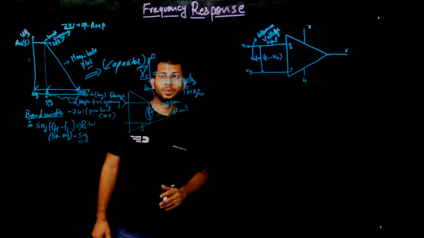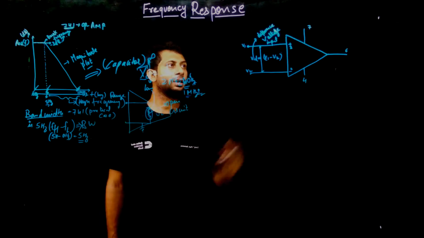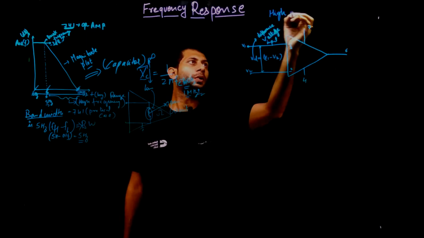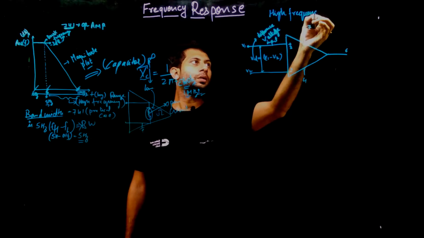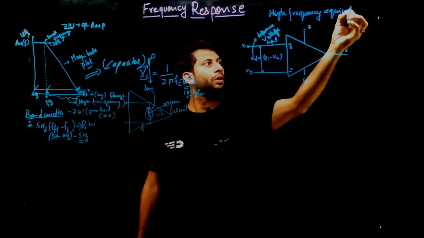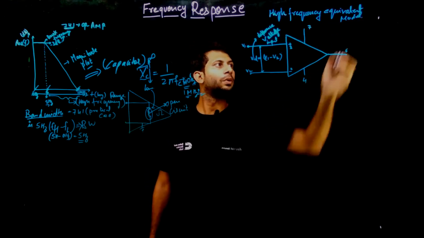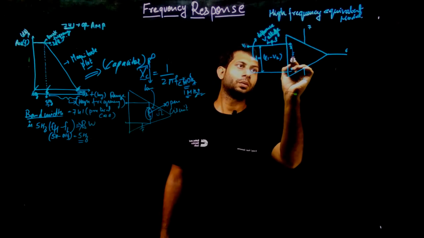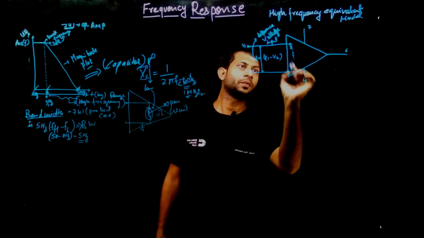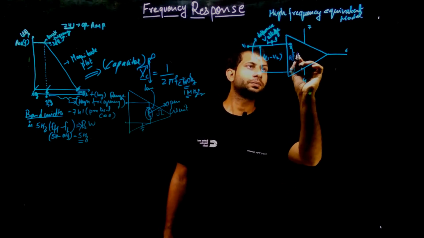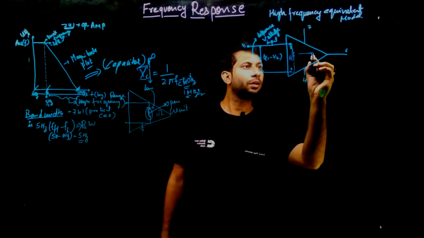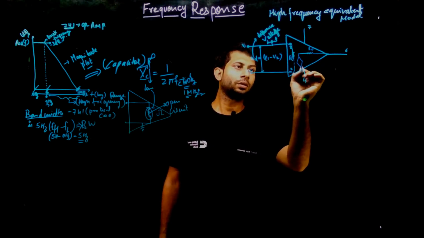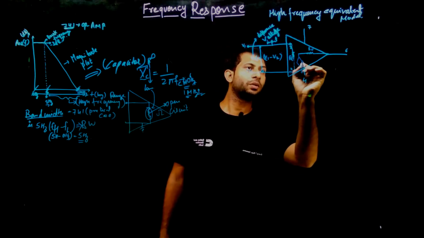Okay, now because of this phenomenon, at higher frequency we take the op-amp as a high frequency equivalent model, in which we take one internal resistance, let it be Ri, and we take this as Rout, and we take a voltage dependent voltage source.